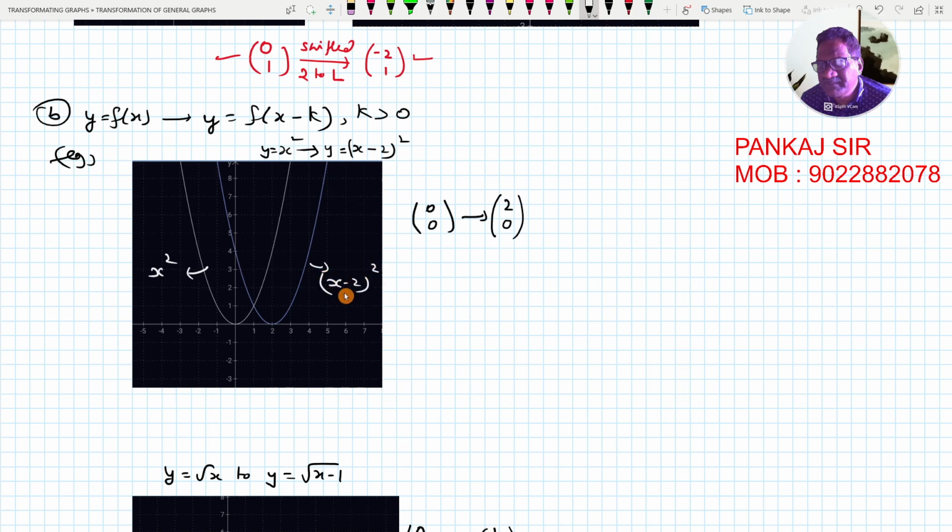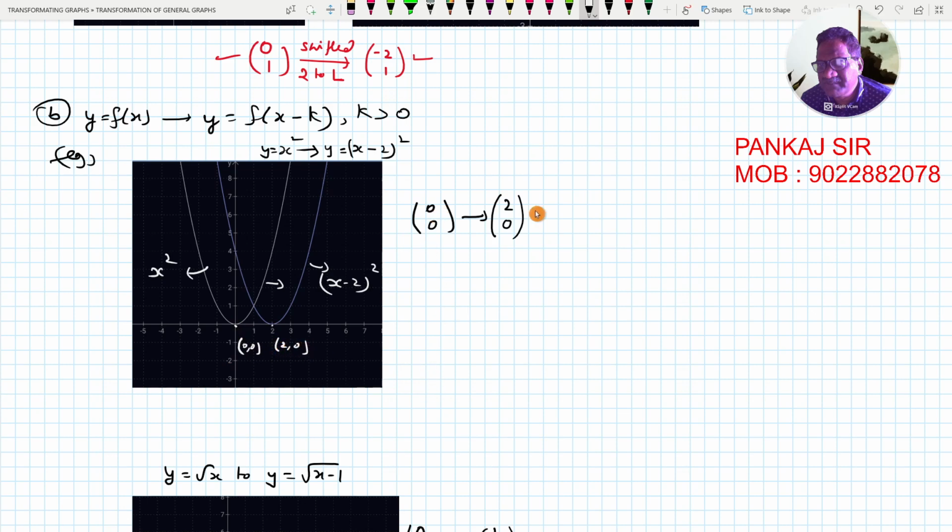So when you subtract 2 from x, the original parent graph will shift to the right, by 2 units. So this reference point 0, 0 will shift to 2, comma 0.